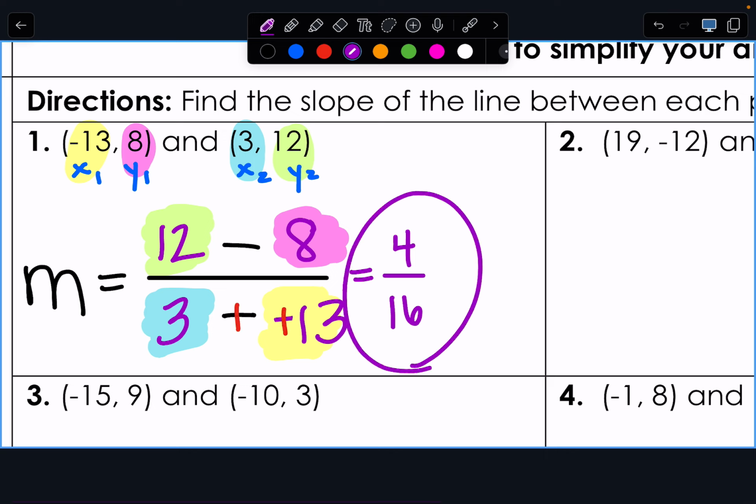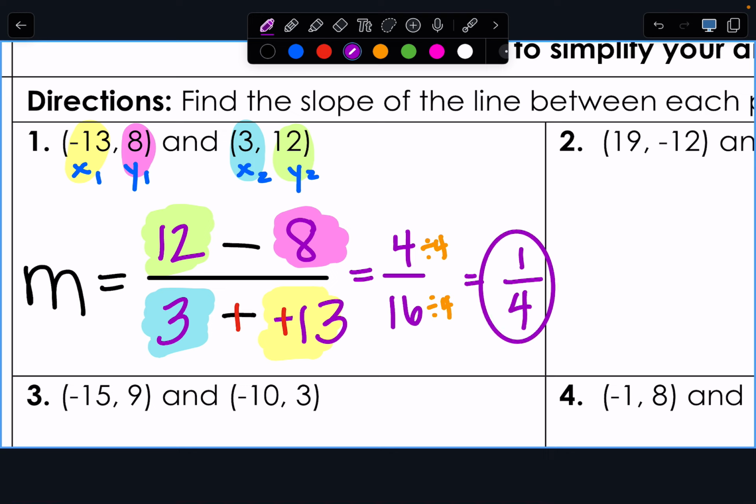Now, if you give me the answer of 4 over 16, I'm going to be halfway happy. We need to simplify. What number can divide into both 4 and 16? 2, yes, but we'll have to do more work. Let's do 4. Okay, so we have a slope of 1/4. That's it.